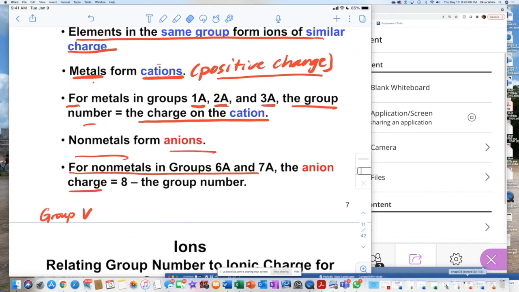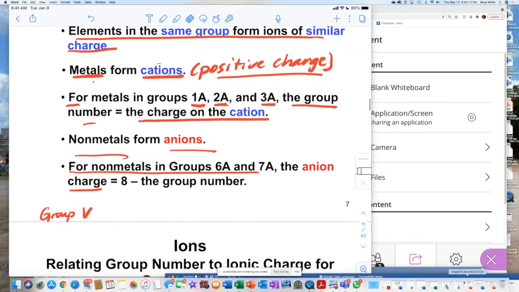It's actually the opposite, because nonmetals have a negative charge. So I'll actually say for group 5, the group number minus 8. Right, so it's 5 minus 8 to give us a charge of minus 3.